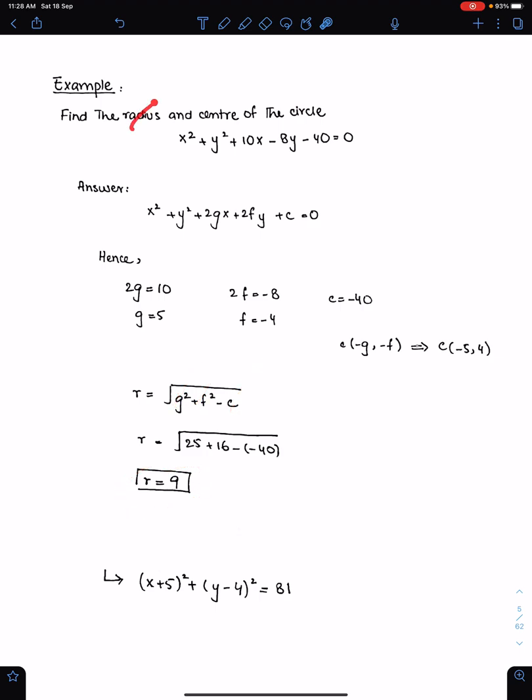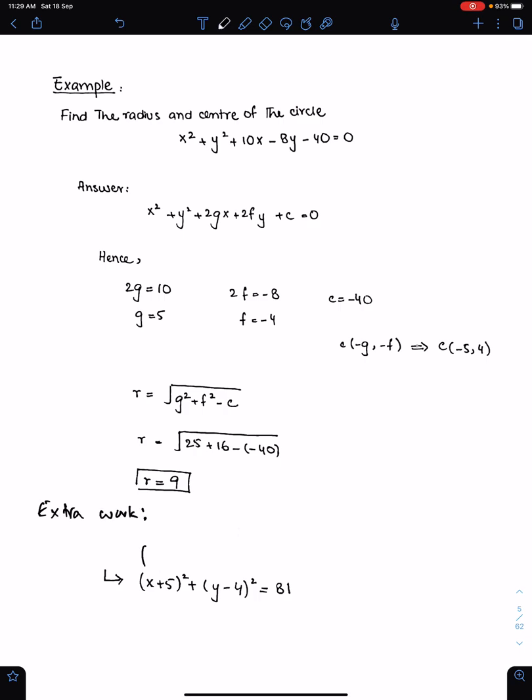So we had to find radius and center. Center is here and radius is here. What if we had to find the equation of the circle as well in completed the square form? Then we just need to put center and radius into completed the square form, into this form. This is an extra work.